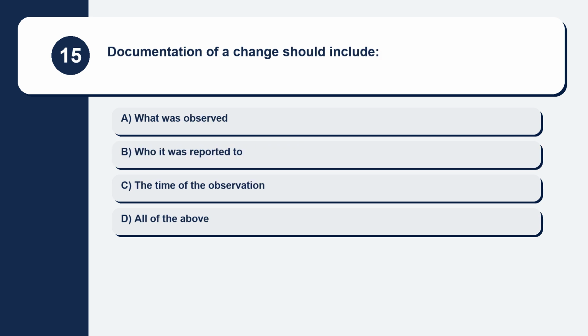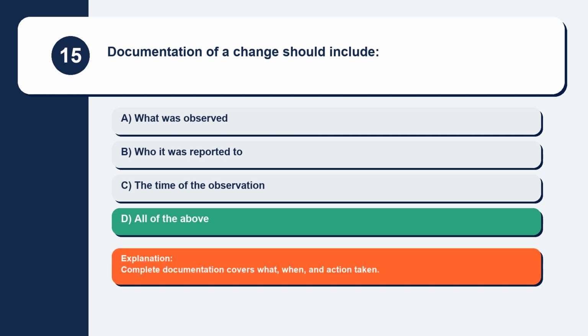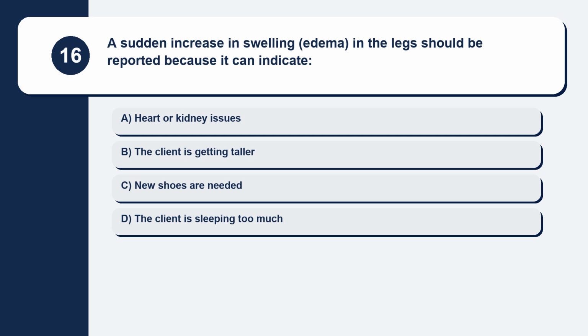Question 15. Documentation of a change should include what was observed, who it was reported to, the time of the observation, all of the above. Complete documentation covers what, when, and action taken. Question 16.